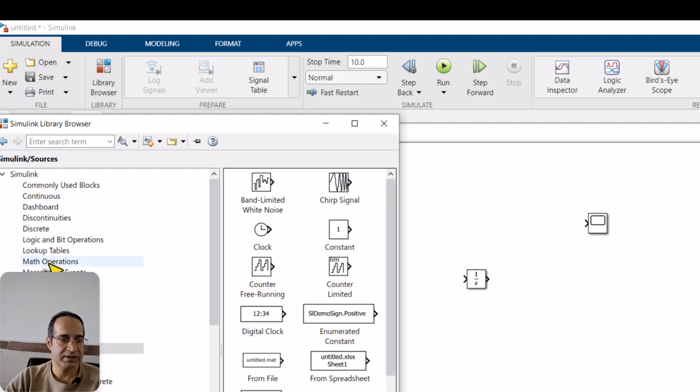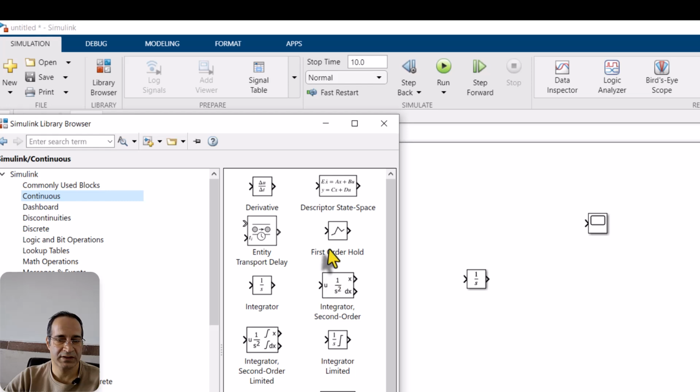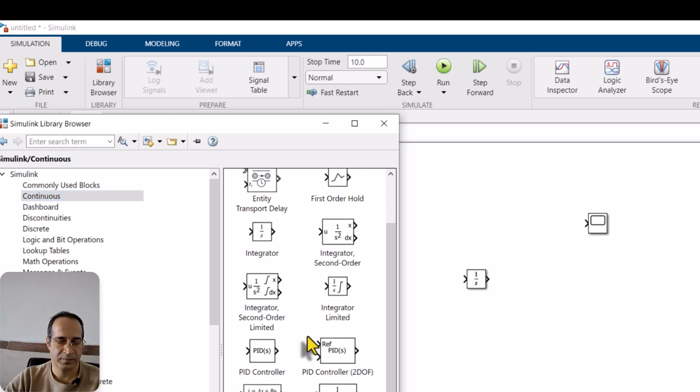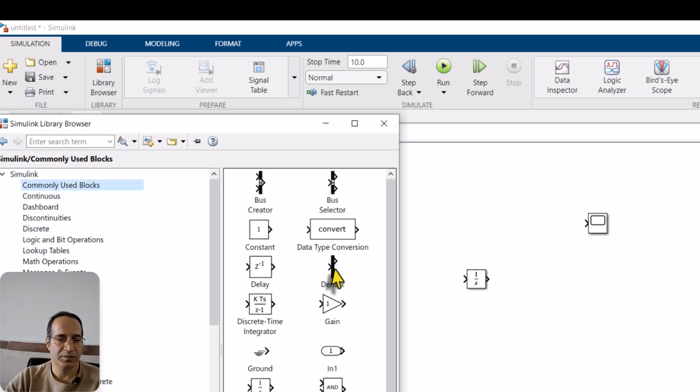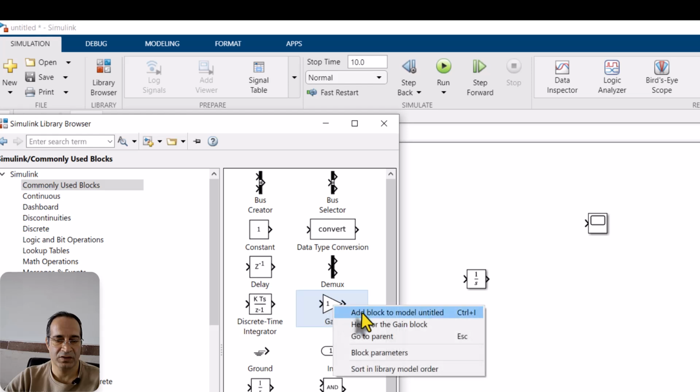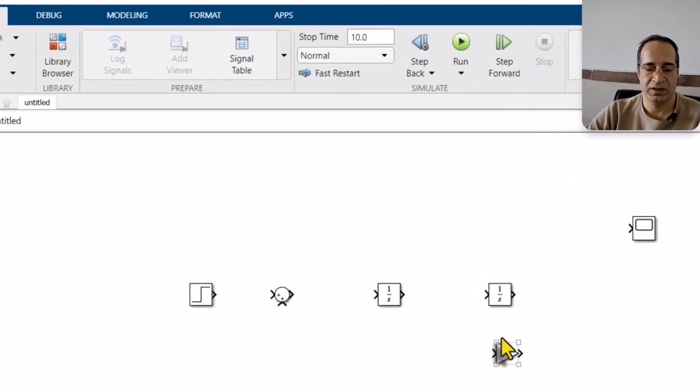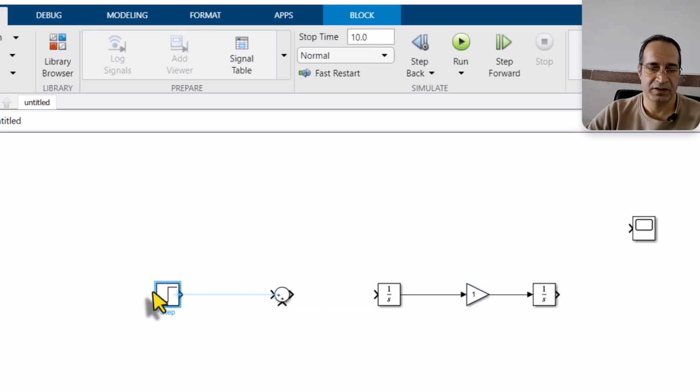Where is the gain continuous? Commonly used block, gain over here, add to block. Okay, good. I need a gain over here. Connect them together. I need 2 of this. 1 over here.